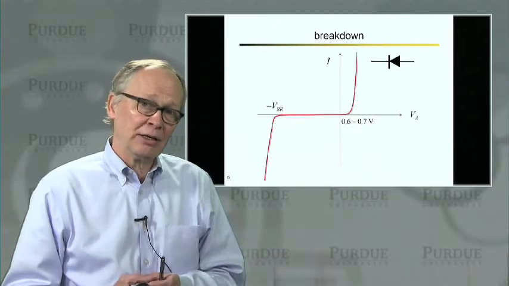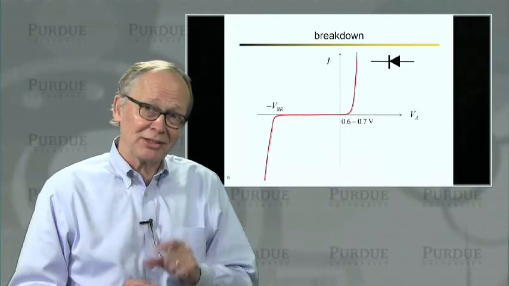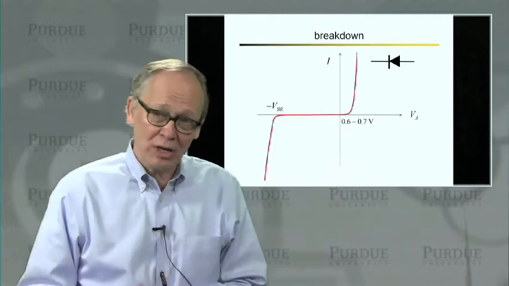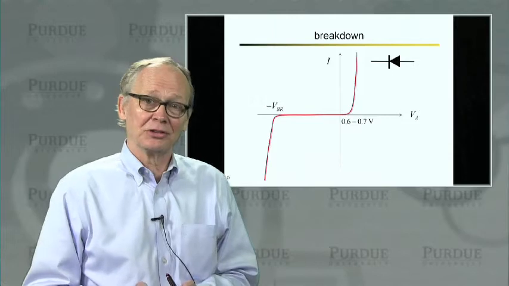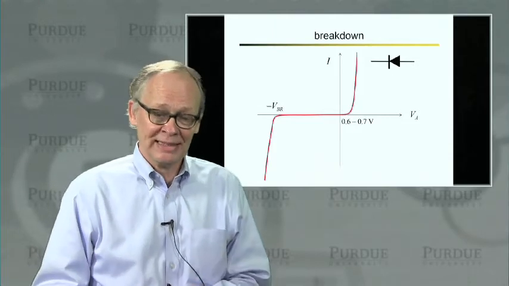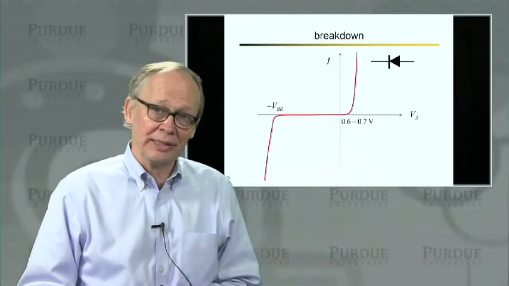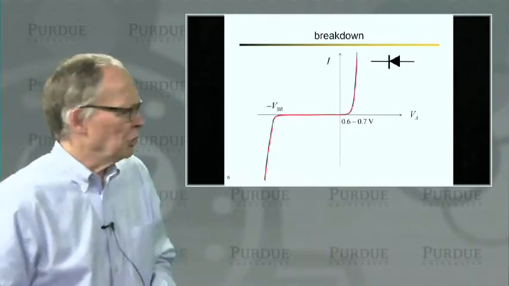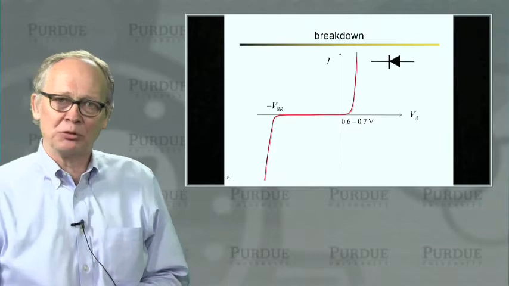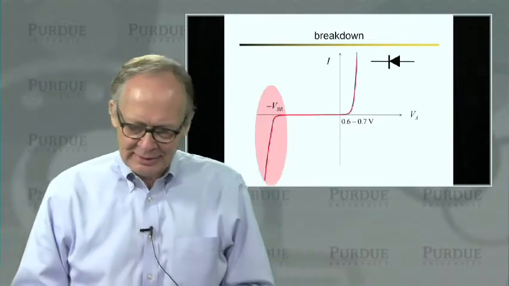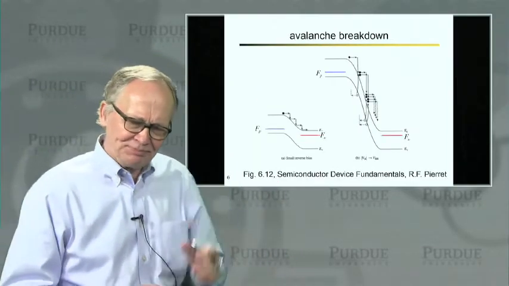So you can use diodes in breakdown as long as you limit the current and it doesn't get too hot. You can use a diode in breakdown to be an ideal voltage source, like we learned in 201, a voltage that is almost independent of current. So we want to understand what controls this voltage at which the diode breaks down in reverse bias. So we'll focus on that for a little bit.